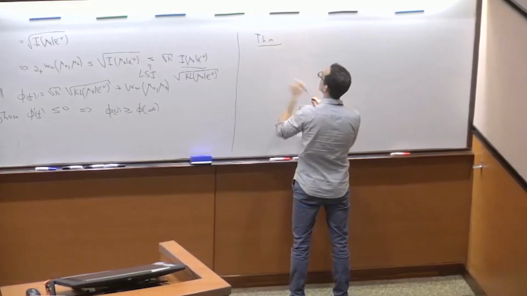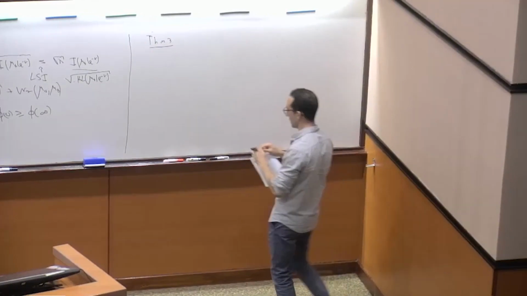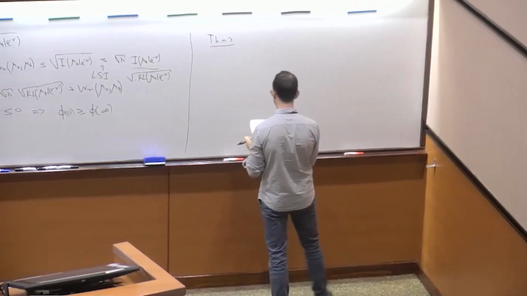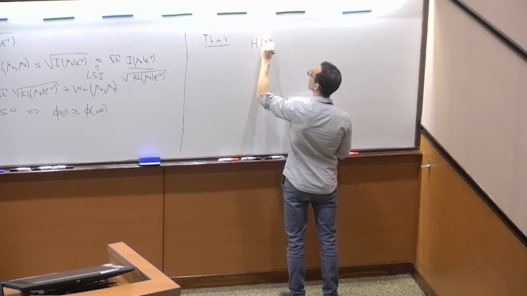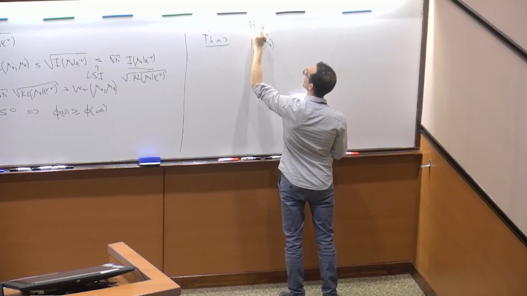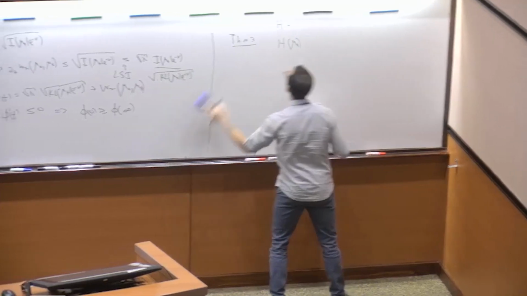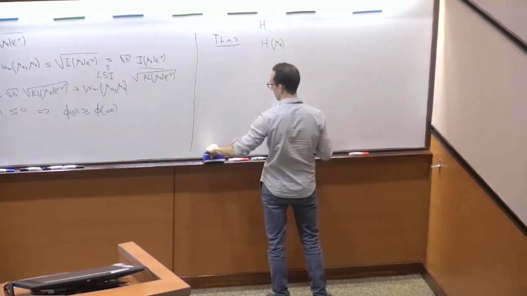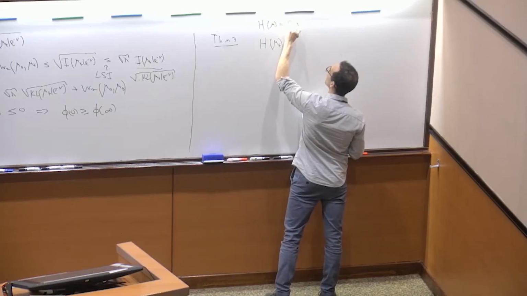So I'll write two theorems, and then I'll sketch the proof for both of them. In the first theorem, we will compare, H is the entropy. So it's not the relative entropy, it's just H of mu equal to the integral of mu log mu.